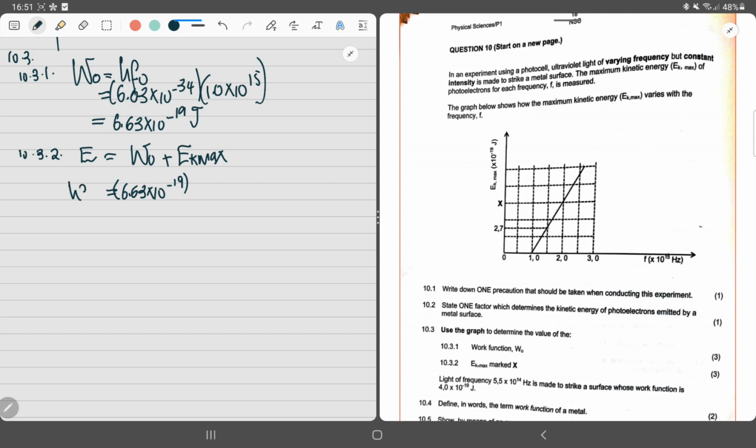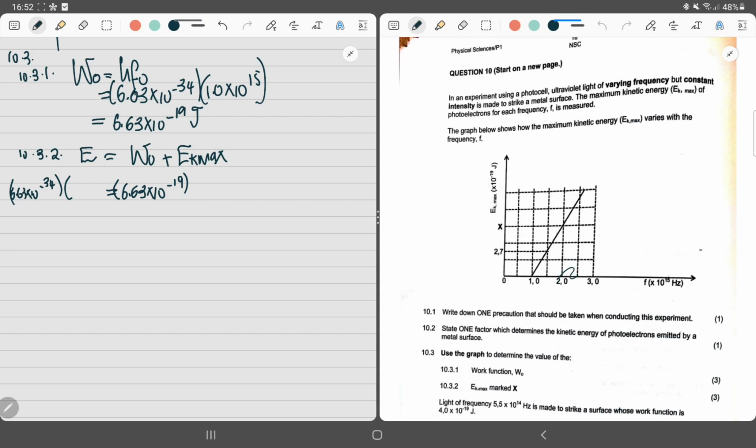Energy is given by h multiplied by the frequency. We know that h is 6.63 times 10 to the negative 34. And then the frequency: when the kinetic energy is X, the frequency is 2. Because we can see that when the EK is X, the frequency should be equal to 2.